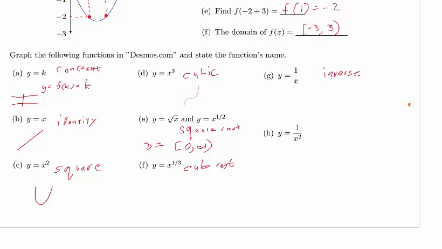If the input is 10, then the output is 1 over 10, the inverse. So that's why it's called the inverse function. Note that x cannot equal 0. If you plug in 0, you get something that is undefined. The closer you get to 0, the higher the number will be, right?